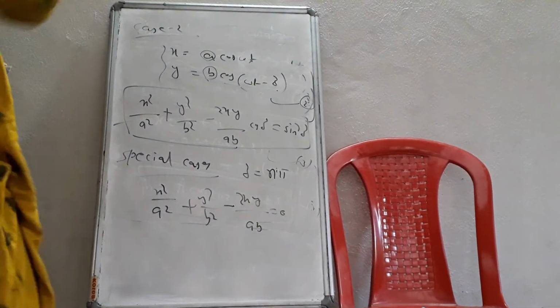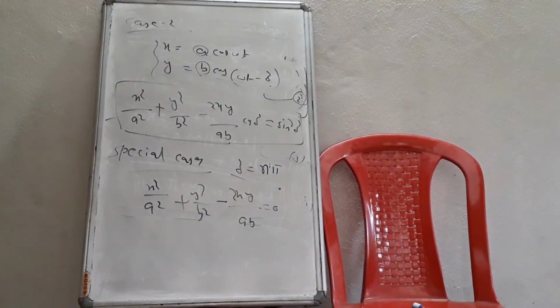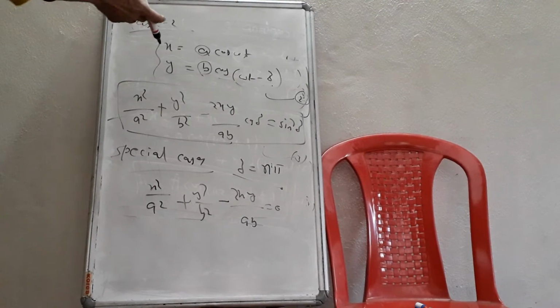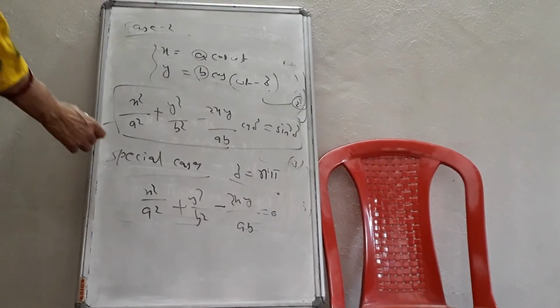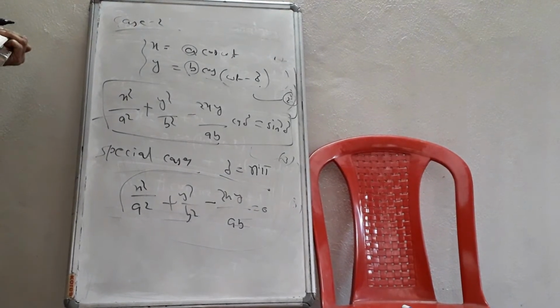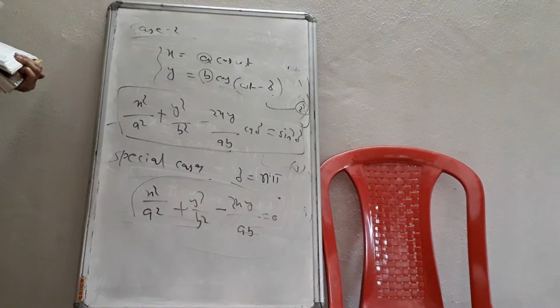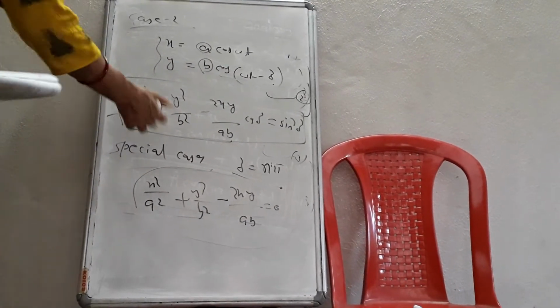So when the phase difference between the two superposing linearly polarized lights is an integral multiple of pi, the resultant equation is this. Again this is an ellipse, or we can simplify it.